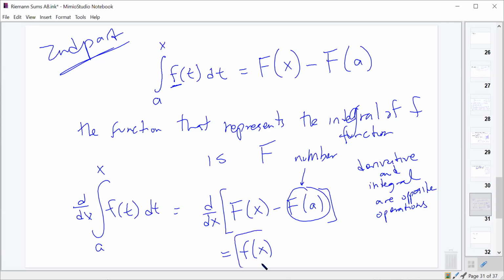And so the derivative of the integral from any constant to x of any function is just that function in terms of this variable x that we had up in the upper limit. That's the proof of how derivatives and antiderivatives are opposite operations of each other.